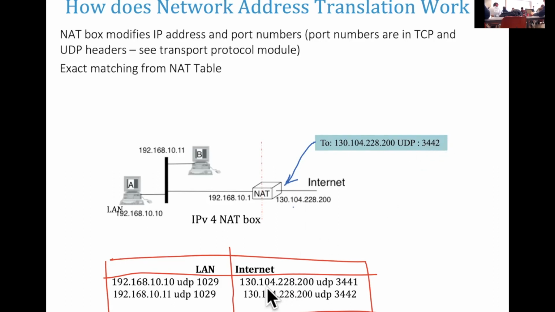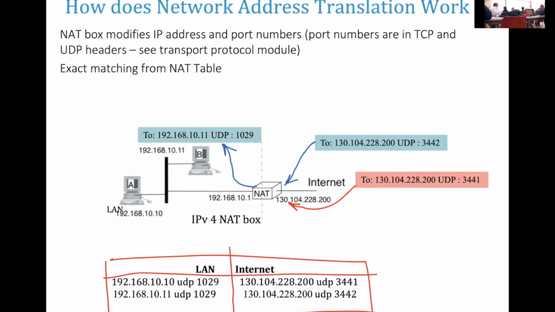Then it will look at this NAT table: whatever comes from the internet with this public IP address and this port corresponds to this private address behind me and this port. So then you can find the correct corresponding device. If there is another packet for the other device, we do the same thing. We match it with one of the lines in the NAT table.